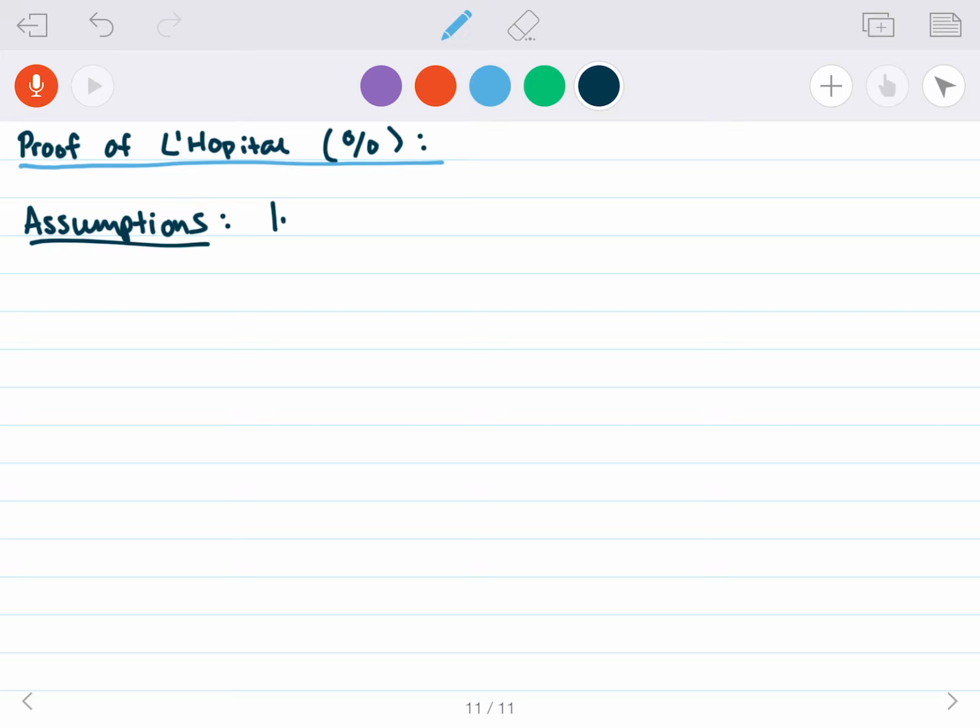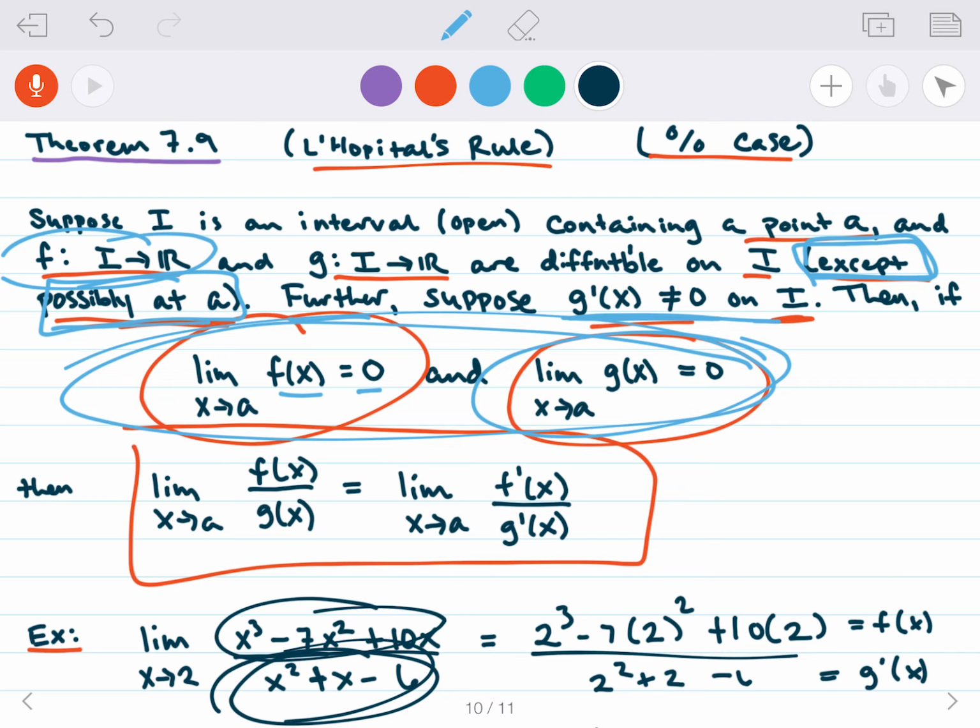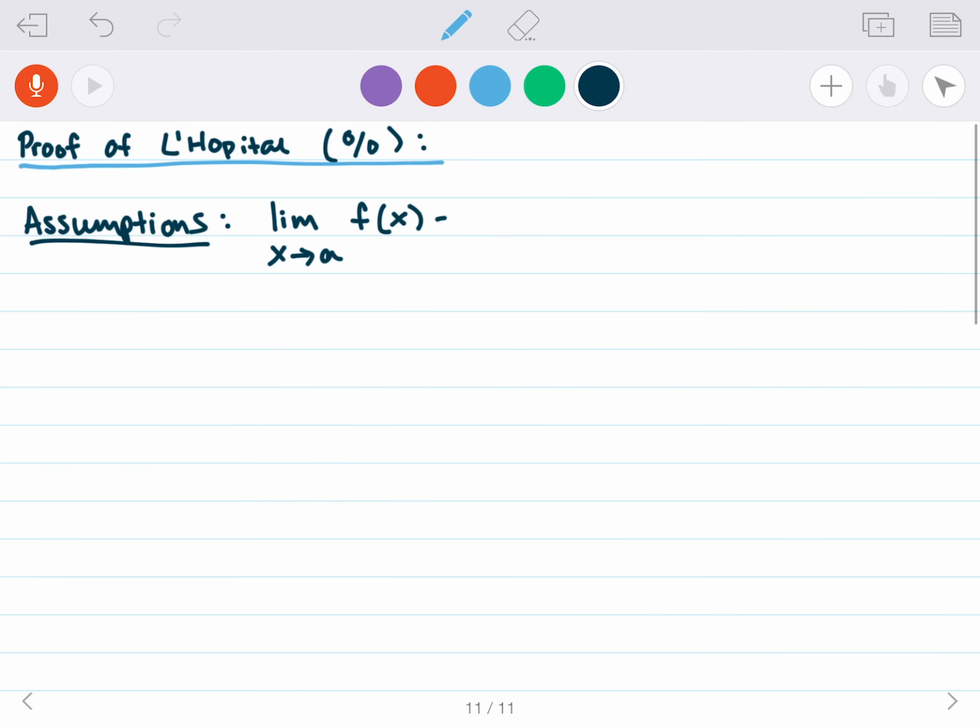Okay, so we have the limit as x goes to a of f of x equals 0, and the limit as x goes to a of g of x is also equal to 0.